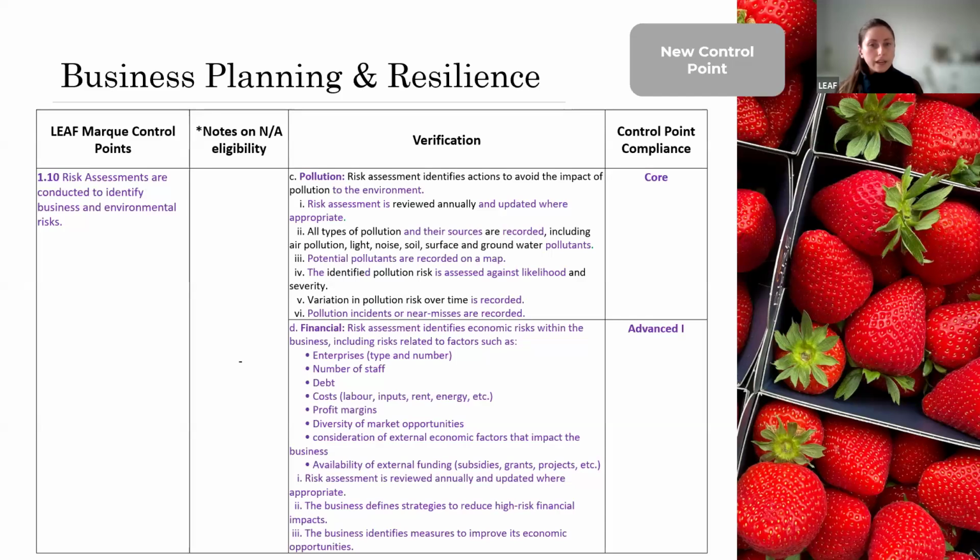We also have added a new component to this control point. This is conducting a financial risk assessment. So looking at encouraging businesses to have a look at identifying what economic or financial risks there might be to their business, and then encouraging businesses to review how they might mitigate these risks, although we understand, of course, that that's not always possible.